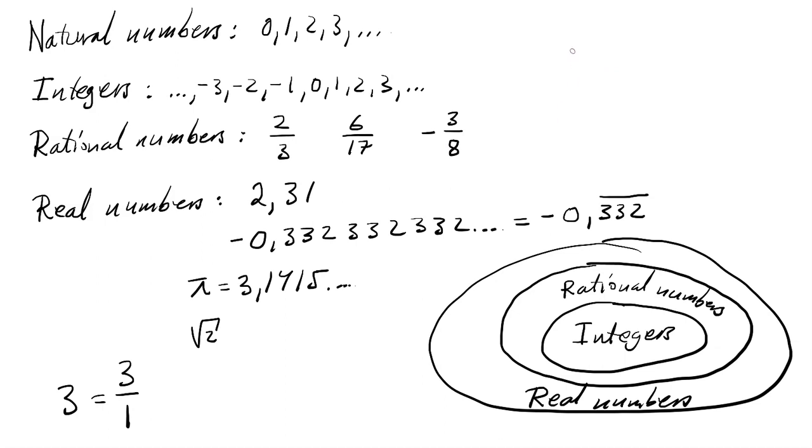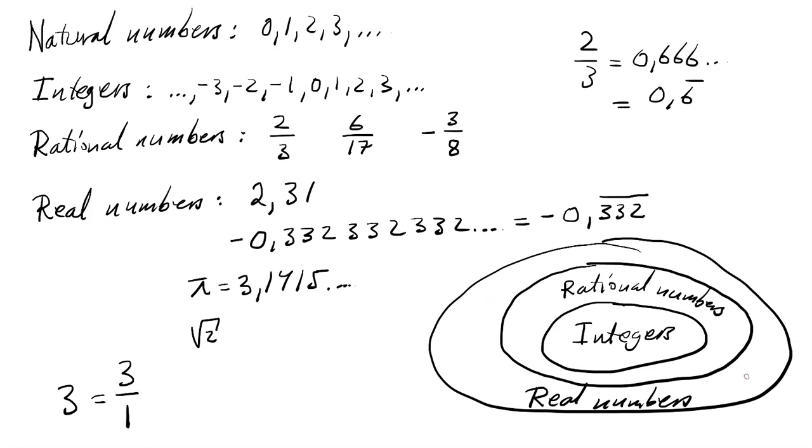So for example 2/3 can be written as 0.666 and so on. Or 0.6 with a bar. So all rational numbers can be written as a decimal number, meaning that all rational numbers are real numbers. So the real numbers contain the rational numbers.